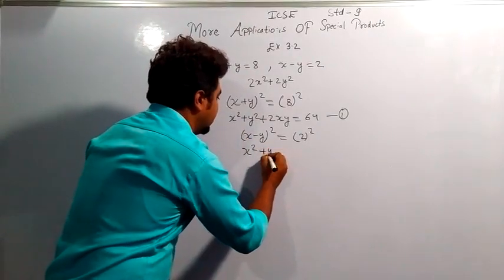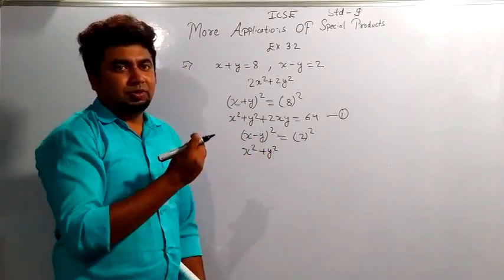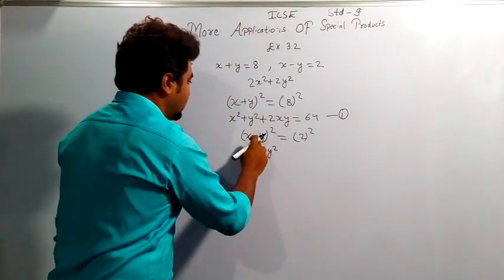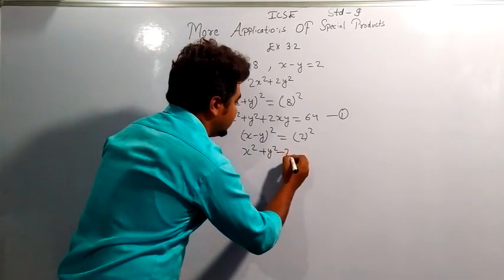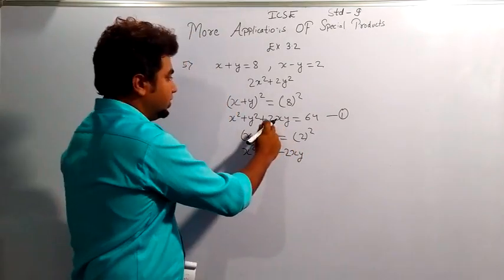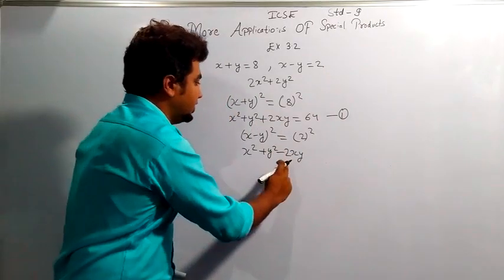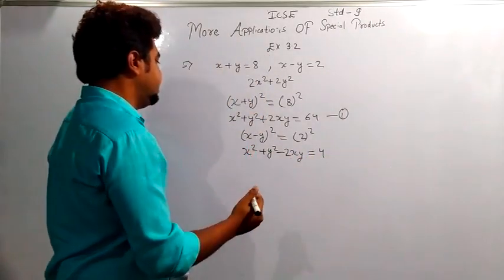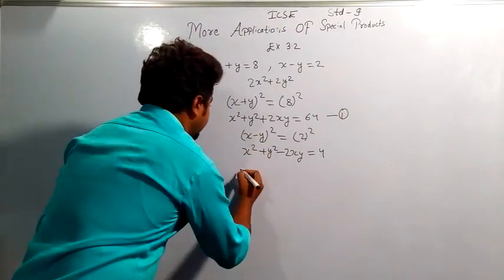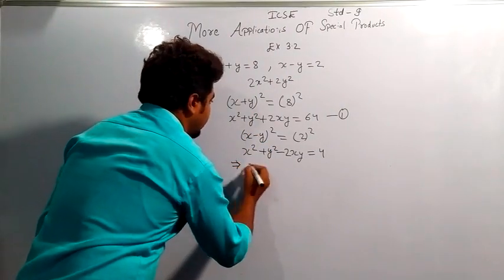It is not that because a minus sign is given, it will be converted into minus. Here we have to write plus only, x square plus y square. The only thing changing is minus 2xy. In the previous case it is plus 2xy, here it is minus 2xy, and 2 square is 4.